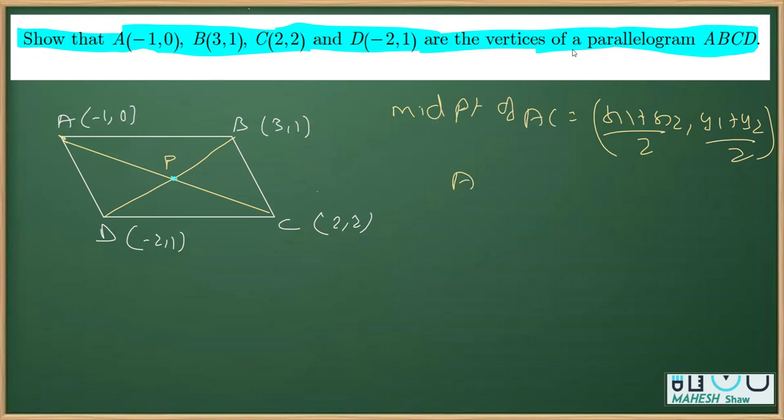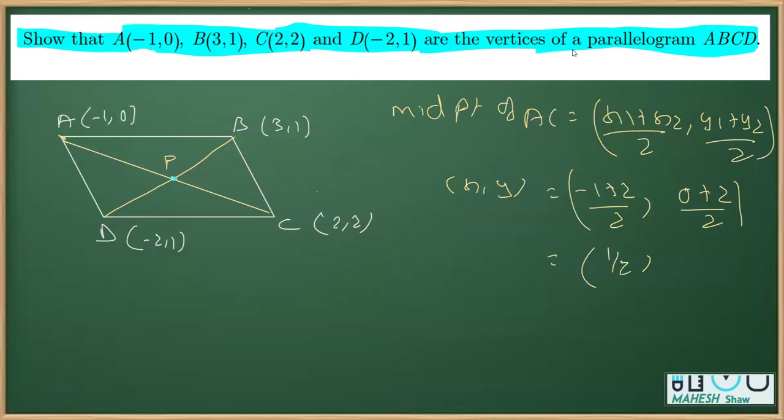If I take x, y as the midpoint of AC, this is x1 plus x2 upon 2, that is -1 plus 2 over 2, and y1 plus y2 upon 2, that is 0 plus 2 upon 2. So -1 plus 2 is 1, so 1 over 2, and 0 plus 2 is 2, 2 divided by 2 is 1.